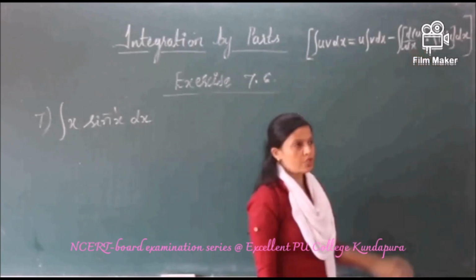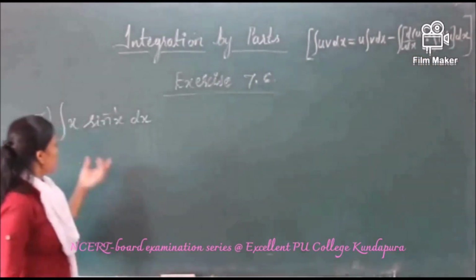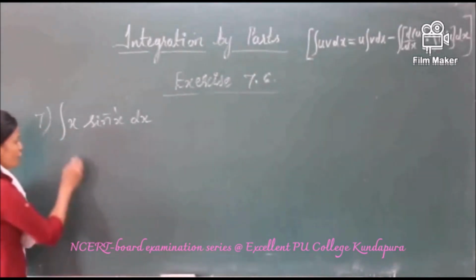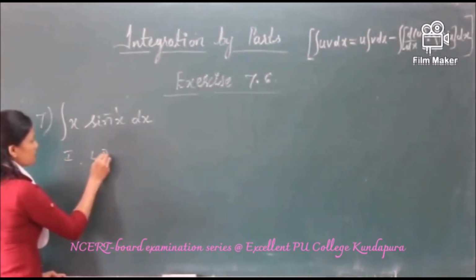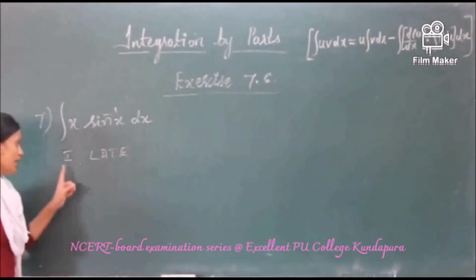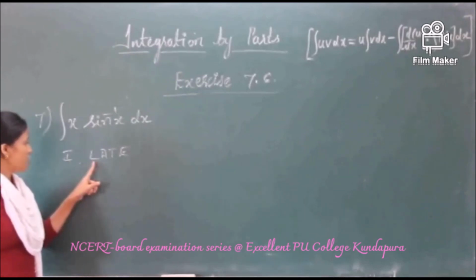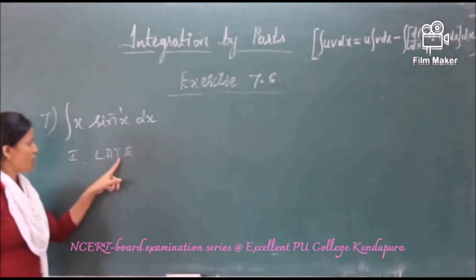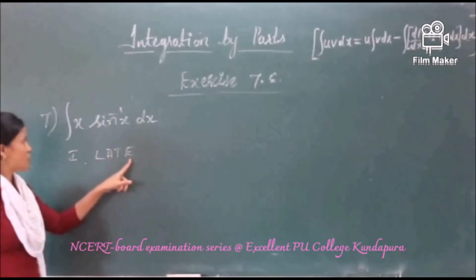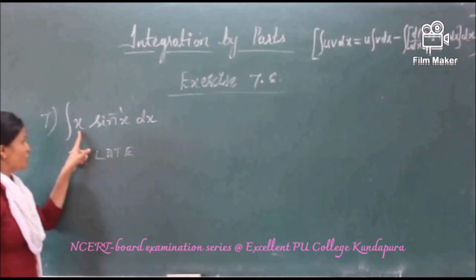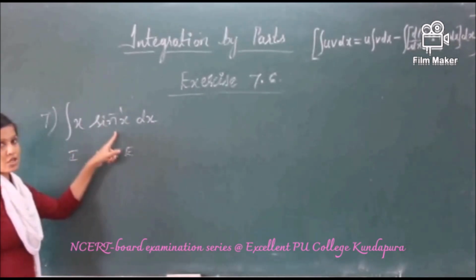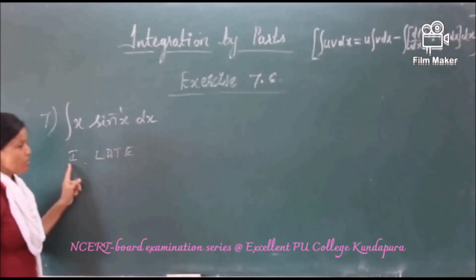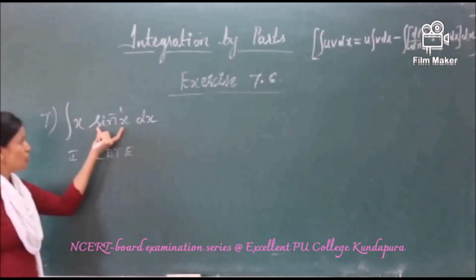Which function do I take as u and which as v? I have to go for the ILATE rule. I is inverse trigonometric function, L is logarithmic function, A is algebraic function, T is trigonometric function, E is exponential function. Here x is an algebraic function and sine inverse x is an inverse trigonometric function. Inverse trigonometric comes first, so I consider that as u.